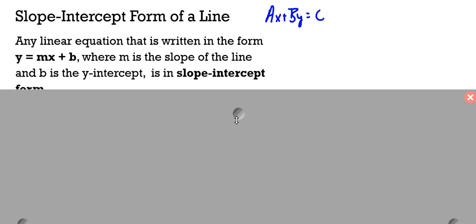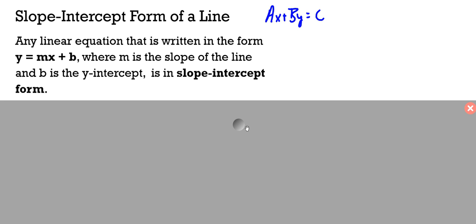So basically, if you've got a linear equation written in the form y equals mx plus b, where m is the slope of the line and b is the y-intercept, it's in slope-intercept form. Another easy way to look at it: if you've got a linear equation, meaning no exponents other than 1 on the variables, and you've got y by itself, that's slope-intercept form.